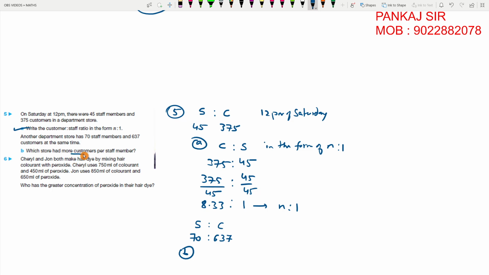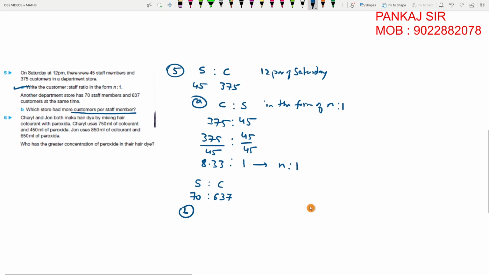So here, first you will have to do one thing. Here, customer to staff ratio you'll have to find out. So here, customer to staff ratio will be 637 is to 70. Now this should be again in the form of n is to 1. So what I'll do is 70 divided by 70 and here 637 divided by 70.